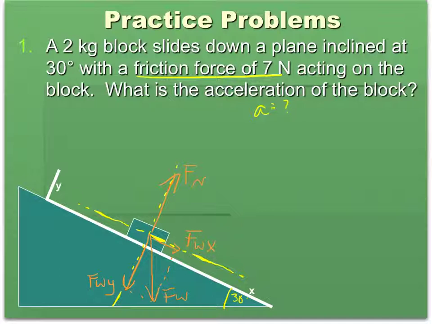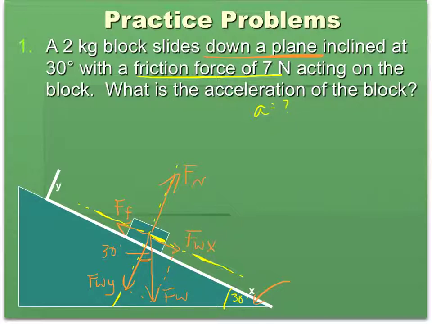The other thing I know, again, because this angle is 30 degrees down here, I know that this angle here is also 30 degrees. Okay. I know my force of friction is going to oppose motion, and since it's sliding down the plane, that tells me that my force of friction has to be acting in that opposite direction. So my free body diagram is going to look like this.